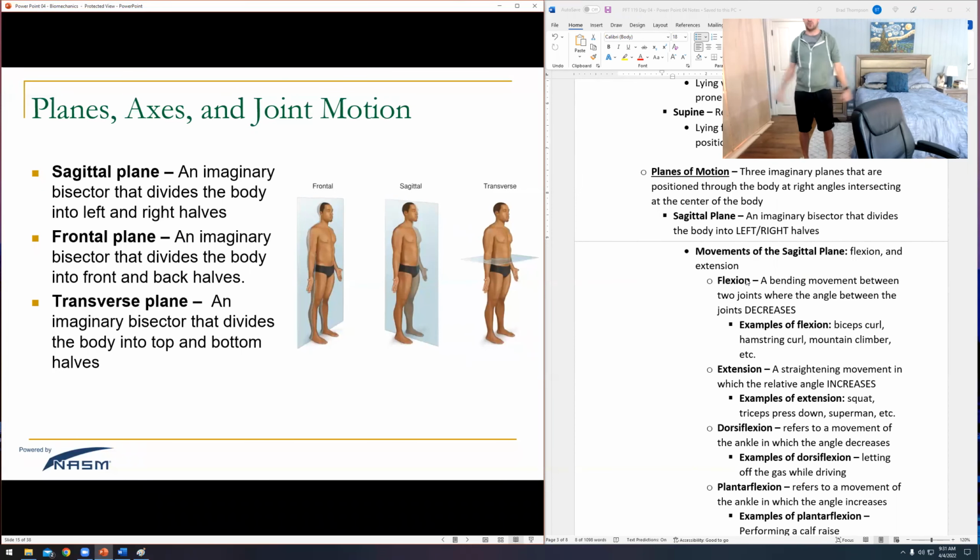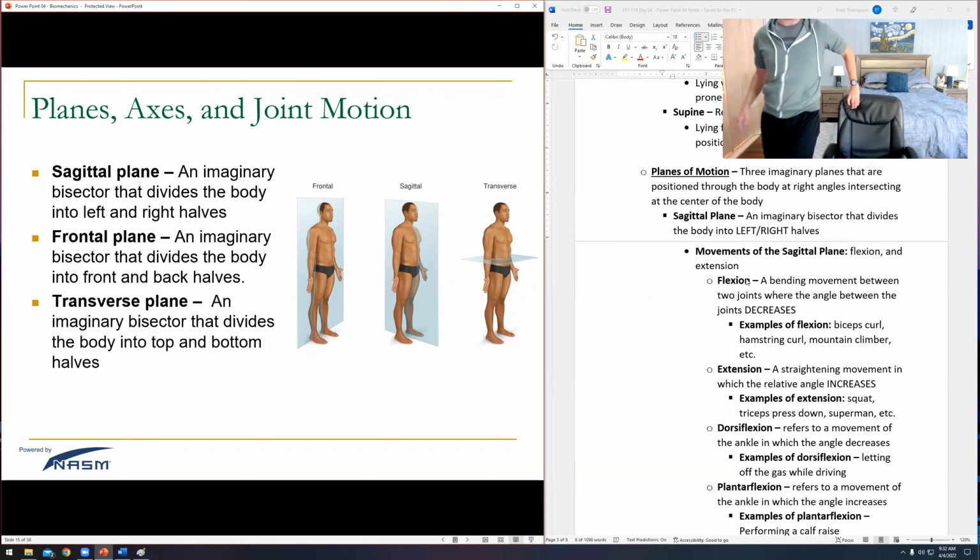Anything where I move like this is very frontal. And then I've got movements that take place going front to back, right? That's very sagittal. My arms, my legs, front to back like this. And then I've got the transverse stuff. That's going to be twisting, right? Rotational movements, anything where I'm swinging and rotating. So I've got an upper and a lower.